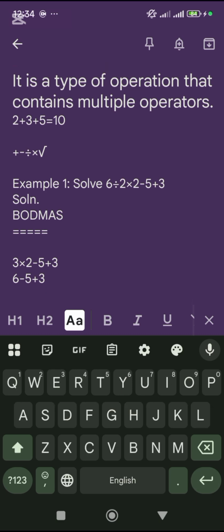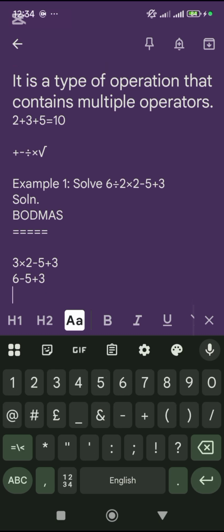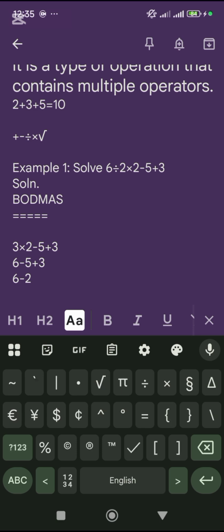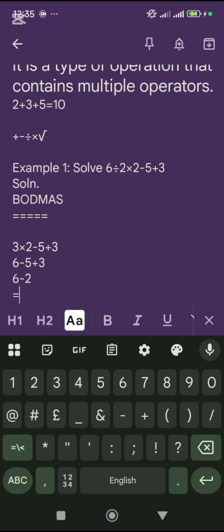The next thing to do is to subtract in that equation. I advise that you look at the videos on arithmetic extras 1 and 2, where we discussed how to manipulate signs. But minus 5 plus 3 will give you minus 2, so that this question becomes 6 minus 2, which is equal to 4. Your answer to that question will be 4.